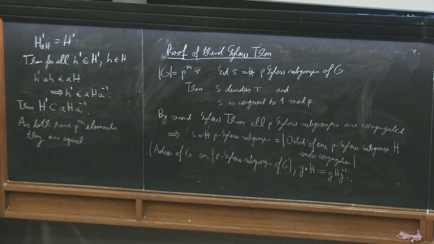And for this, we can, in some sense, again, use the orbit stabilizer theorem. So we can ask ourselves, what is the stabilizer of our p-Sylow subgroup for the conjugation action? We know what the stabilizer is for the action because we had it. The stabilizer is just the normalizer.